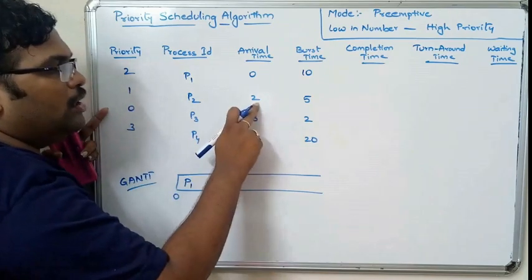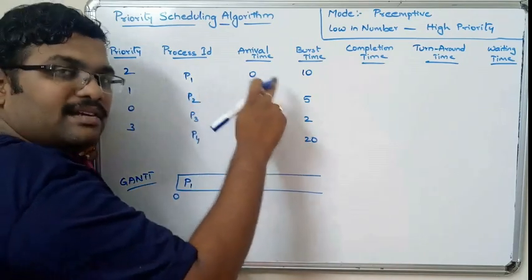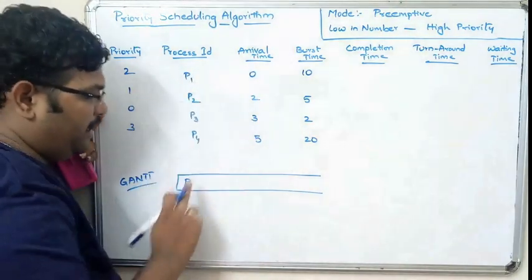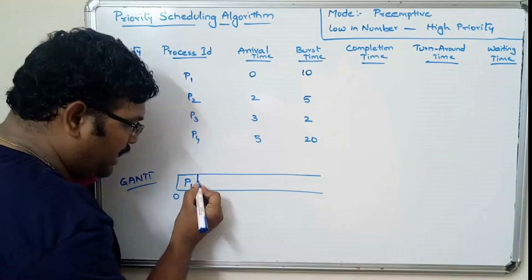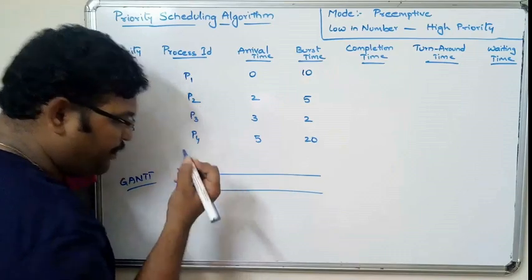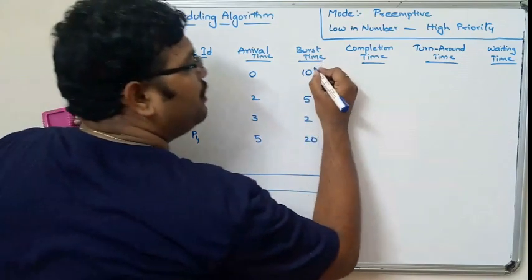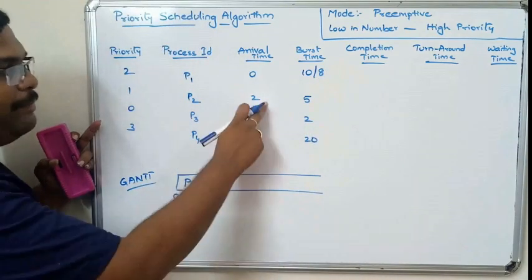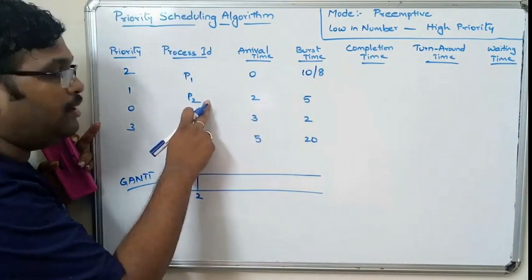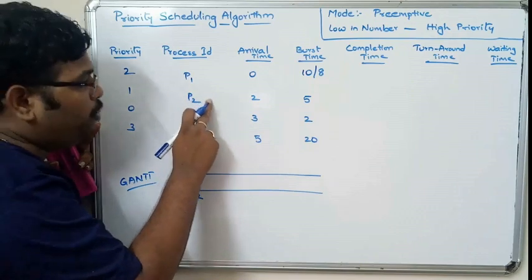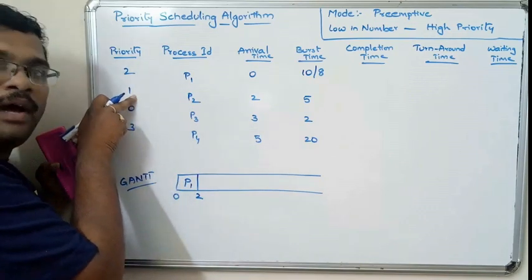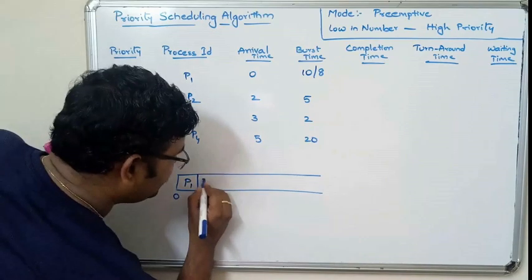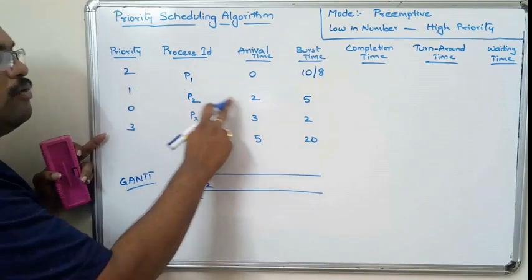So until the time 2, no other process is available in ready queue. Only one process is available. So P1 is allocated to CPU, so it completes 2, so its remaining burst time will be 8 now. So at the time 2, P2 is available in ready queue. So P2 is having higher priority 1 than P1.